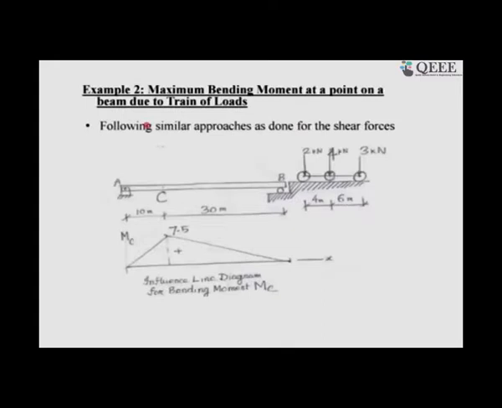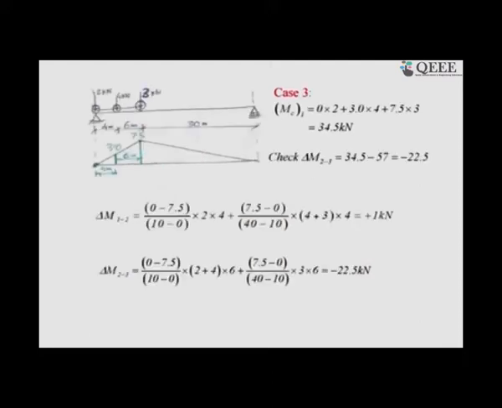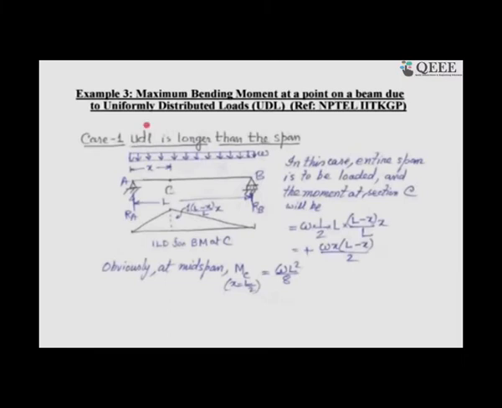Now, for the bending moment we have drawn similarly. I have not elaborated this; it is kept as your homework. Probably you have done that and understood that it can be extended to the bending moment. Now, for the UDL larger than the span, this is how it works. If there is any confusion, how can a load be larger than the span? A train is moving on the track and there is a small bridge.